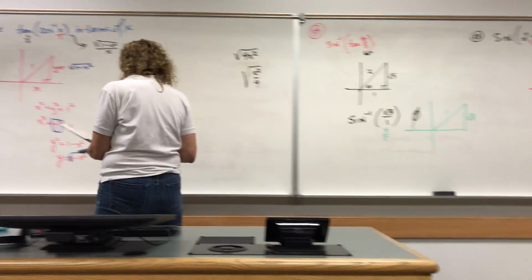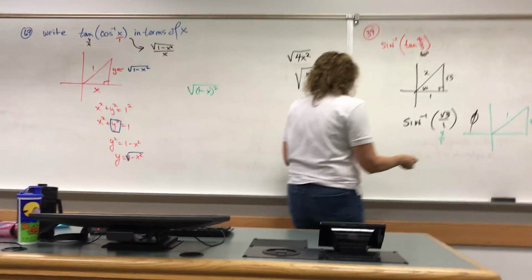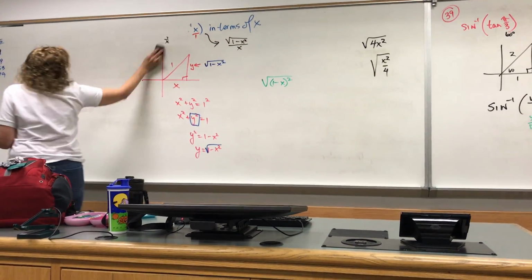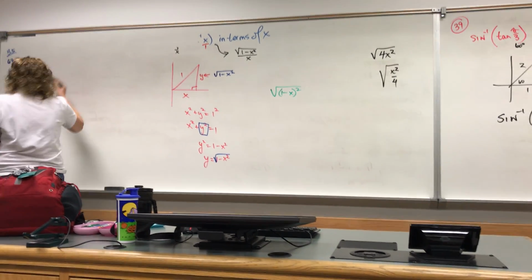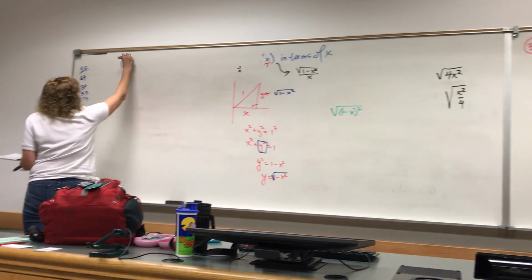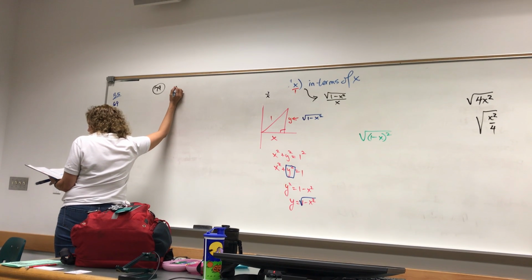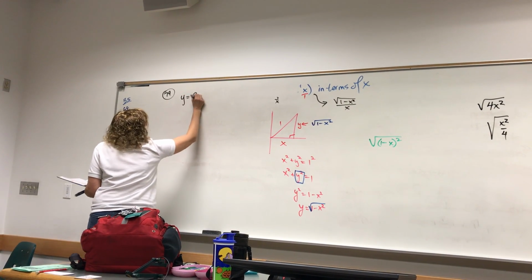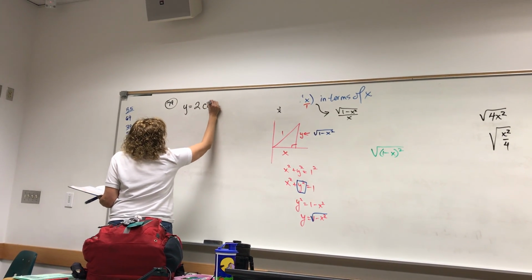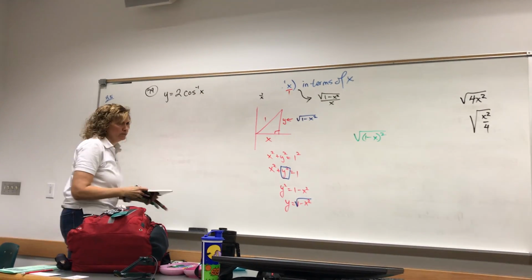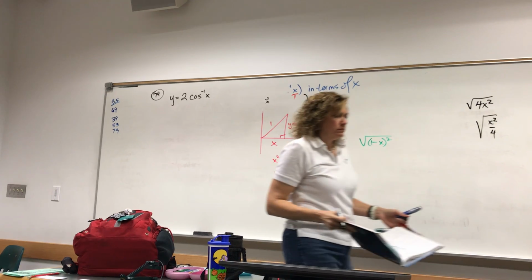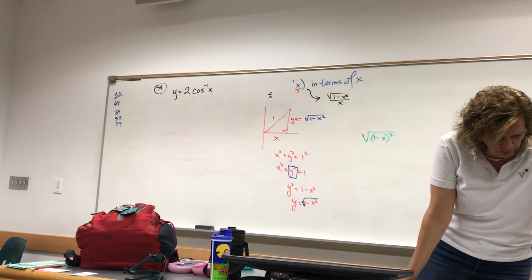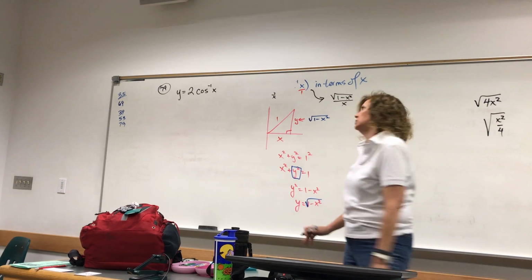We want to graph number 79: y equals 2 times the inverse cosine of x. All right. And we're supposed to draw the graph, using stretching, shrinking, and translation procedures to graph each equation.